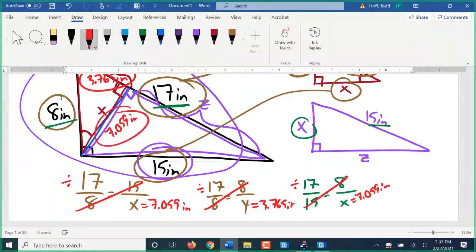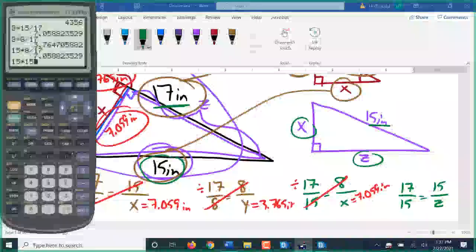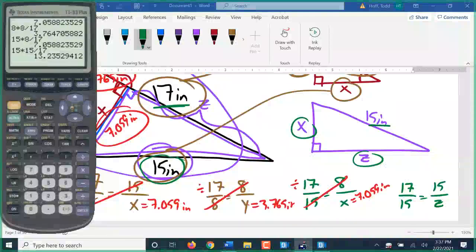Good, that's what we had before for X, right? Well, 17 still corresponds to the 15 for the hypotenuse. Let's look for Z. Z would correspond to 15 times 15. 13.235.